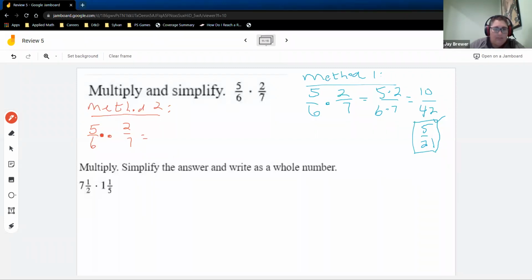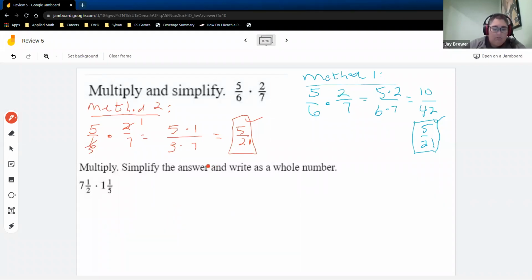So 5 and 7, of course, don't go into each other, but 2 goes into 6. So 2 is going to become a 1, 6 will become a 3, and now we're going to take 5 times 1 and 3 times 7, and that's going to get us to our 5 over 21 right away. A little bit smaller numbers to work with. Same end result, a little bit different of a process.